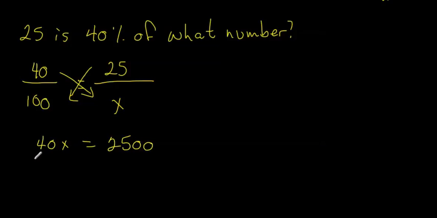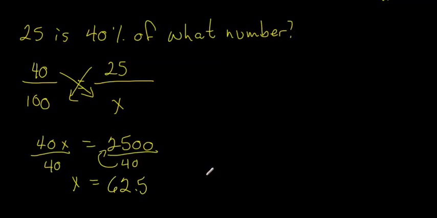Now, in order to get rid of this 40, we divide this side by 40, and we divide this side by 40. And that leaves us with x equals 2,500 divided by 40, okay? And our calculator says 62.5.